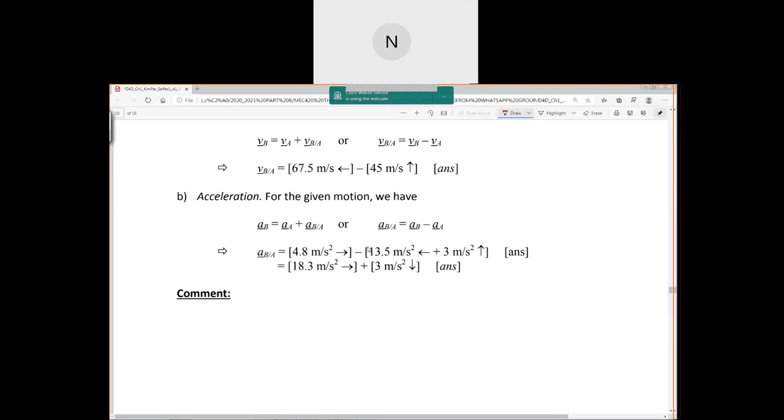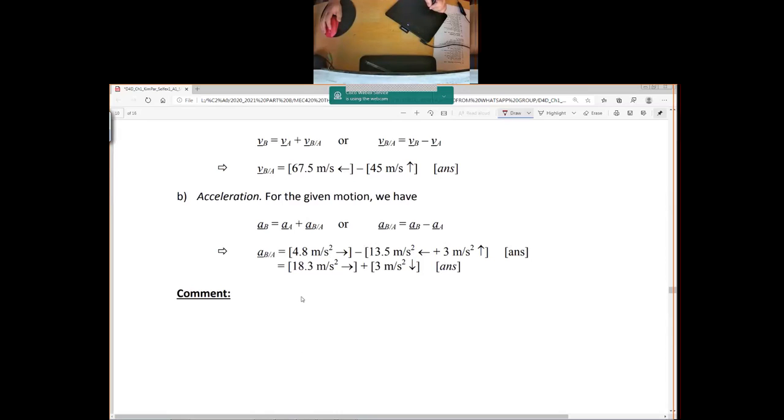Okay, I want to explain this basic concept so that you do not get confused. What does this mean? This is called A, B relative to what?